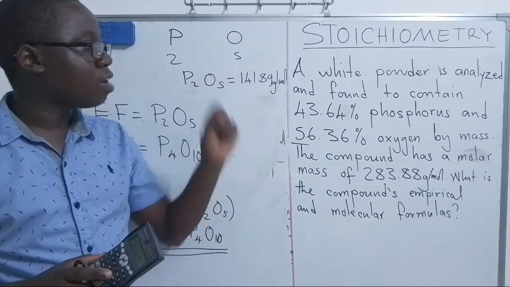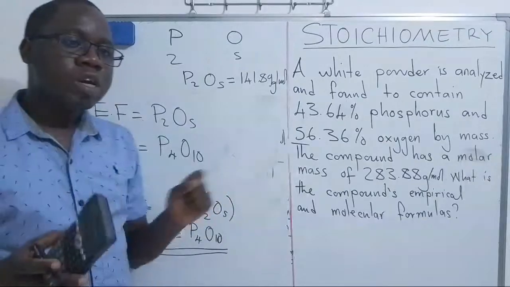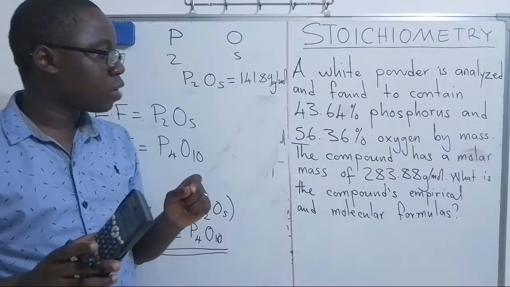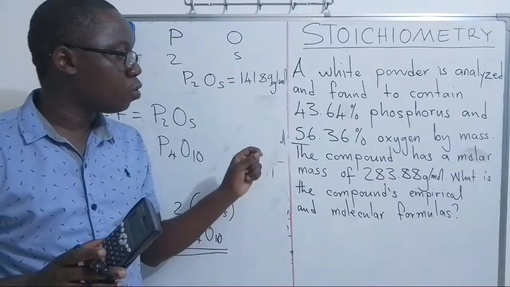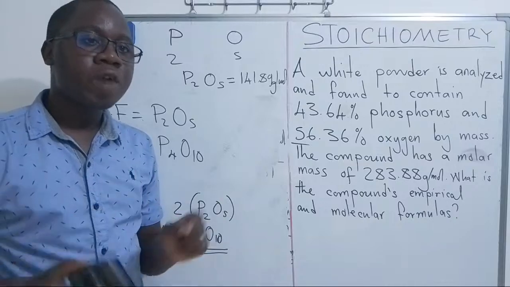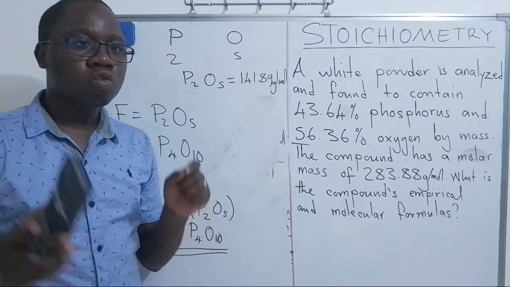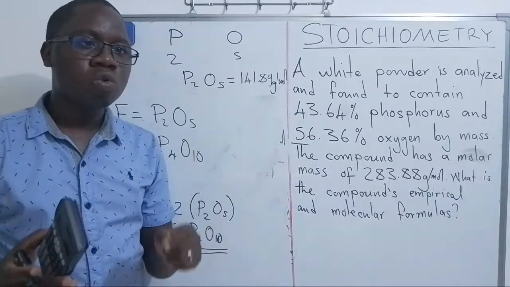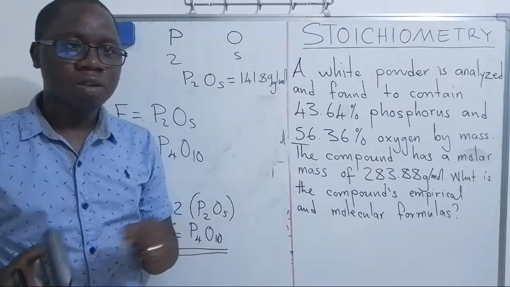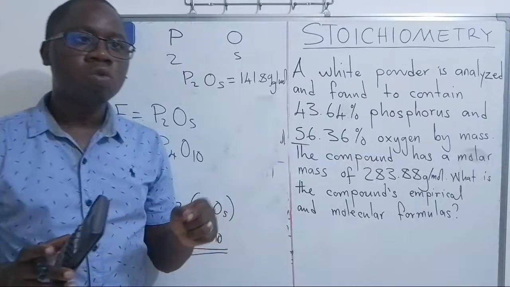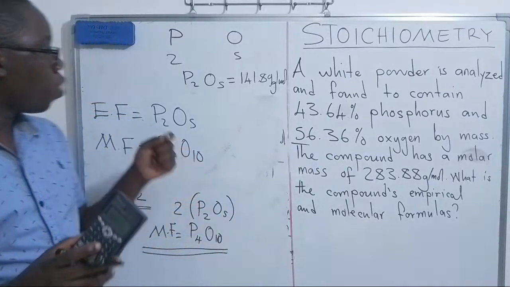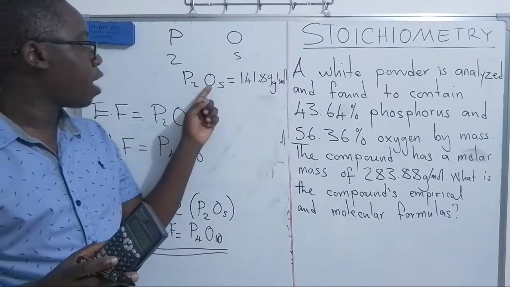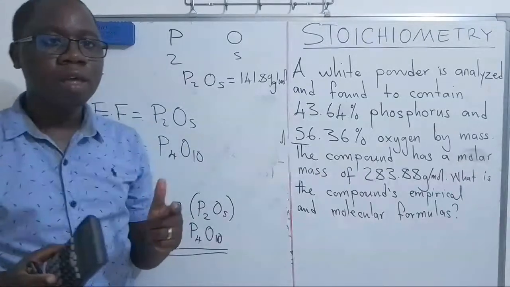Then we divided the number of moles by the smallest number of moles to come up with the mole ratio. The mole ratio was 1 to 2.5, so we multiplied that by 2 to get whole numbers, 2 to 5, so 2 of phosphorus and 5 of oxygen.